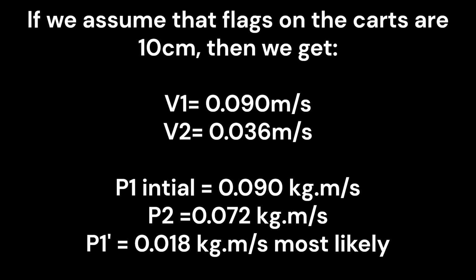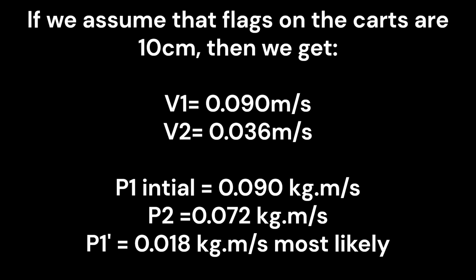So if we assume that the flags on the carts are 10 centimeters wide, then we get for V1 the velocity is 0.090 meters per second, and for cart 2 the velocity is 0.036 meters per second. So now the initial momentum of cart 1 before collision is 0.090 kilograms times meters per second, and the momentum for cart 2 after collision is 0.072 kilograms times meters per second.